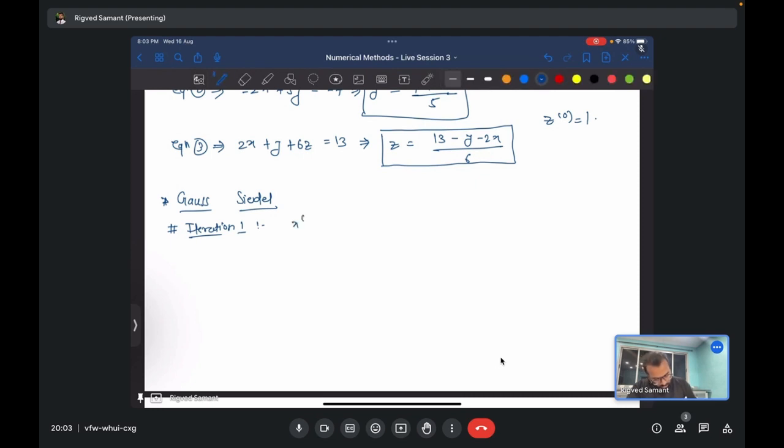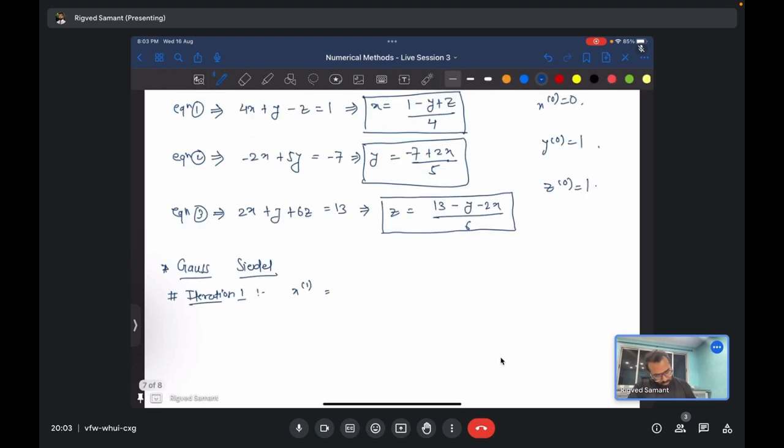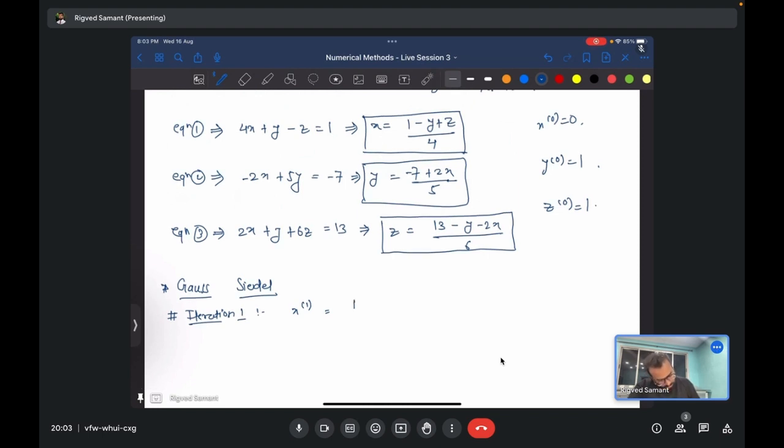It's the first iteration, so we'll put the value of y here and z here. So (1 minus y plus z) divided by 4, that is 0.25. In x, sorry, x is done, right?